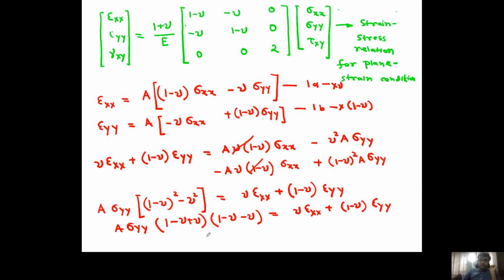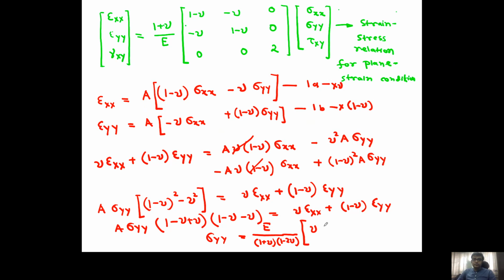Last equation. So sigma yy is finally then coming out to be, what is a? I mean, we need to write it down. A is 1 plus nu by E, so 1 by a is E by 1 plus nu. And when you do this calculation, this becomes 1 minus 2 nu. Right? And then what do we have inside the bracket?